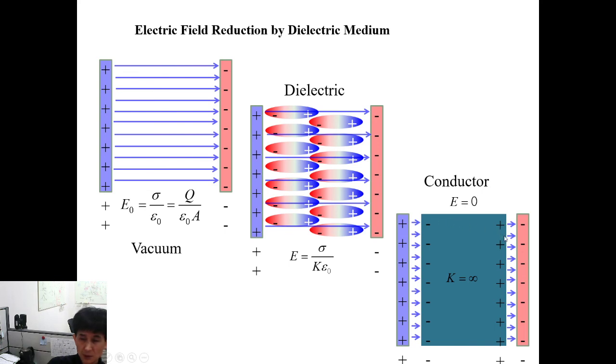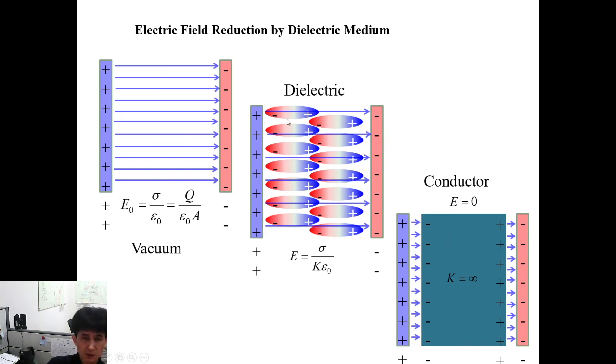If this medium is a perfect metal, then K becomes infinite, and there is no electric field within it, because all minus charges here are cancelled out with positive charges. So we have a large electric field between this medium and the minus charge plate, but there is no electric field inside.